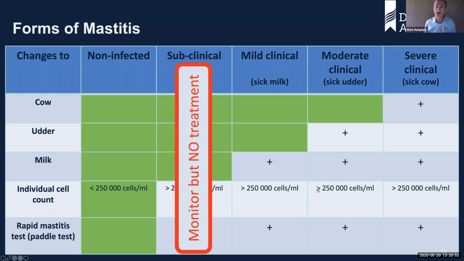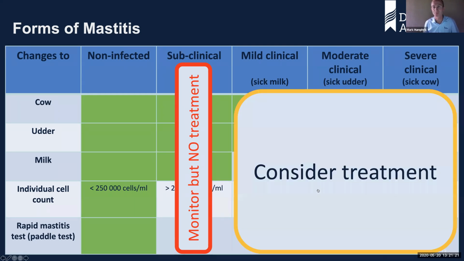Whereas in the clinical, so clinical meaning that we can see changes without any other test, we can see changes in milk, we can see changes in the udder or behaviour of that cow, or in terms of severe clinical mastitis where she's at the back of the herd, her rumen feels reduced, her ears are down, and things like that, or her temperature is up if that is the case. So with these ones, we consider treatment.